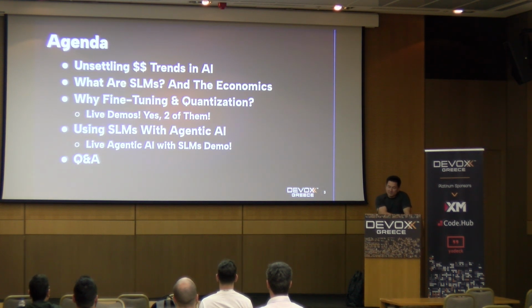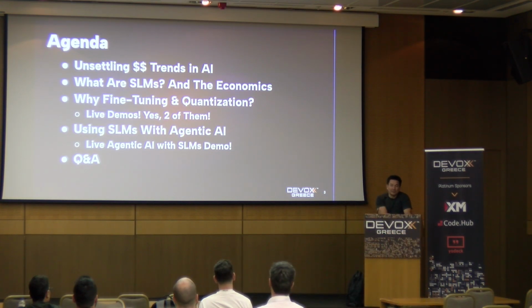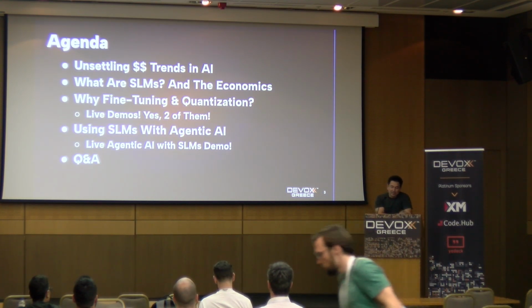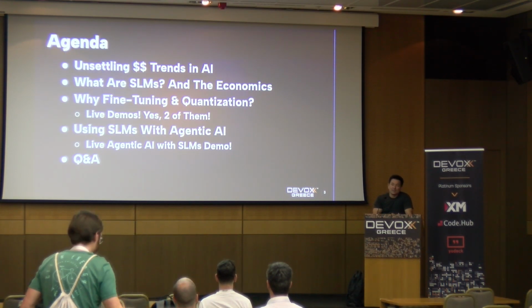So I thought I'd set the scene here, and let's talk about some unsettling things in AI and what's happening in the AI space as it relates to economics. That's going to be how to look at the talk and understand why you should care about small language models. We're going to talk about small language models. We're going to then talk about fine tuning and quantizing.